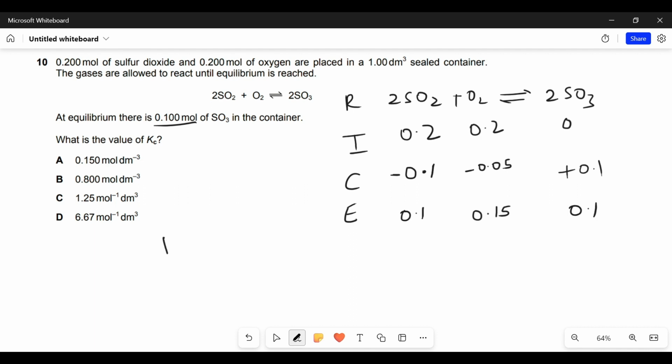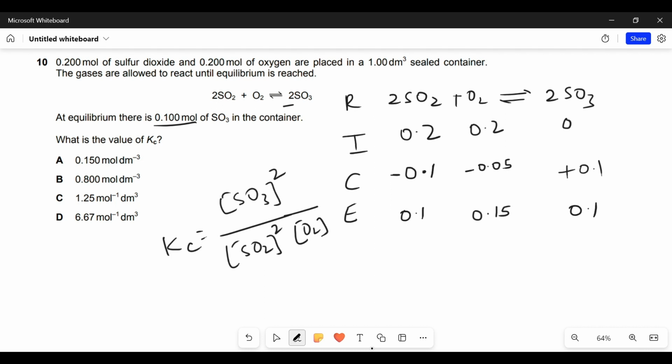Let's write down the expression for Kc, which is equal to the concentration of product, which is SO3, raised to the power 2, the stoichiometric coefficient, upon the concentration of SO2 raised to the power 2 into the concentration of O2. Let's substitute the values. For SO3, it is 0.1.